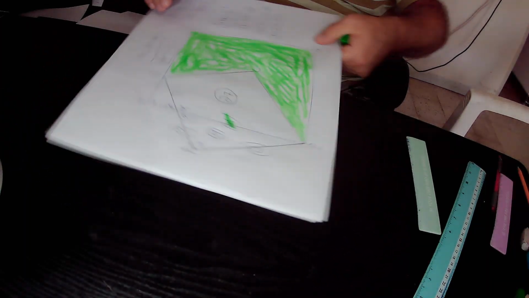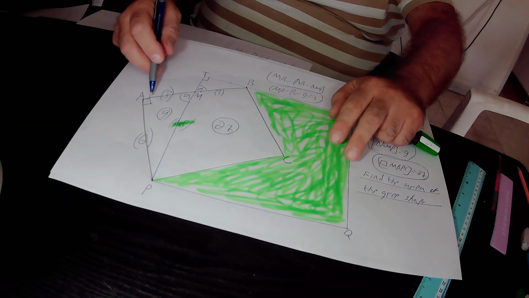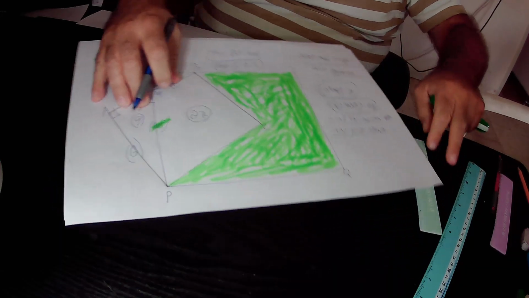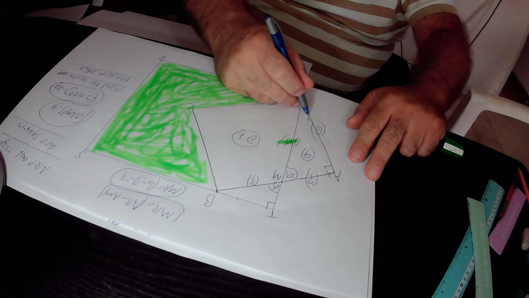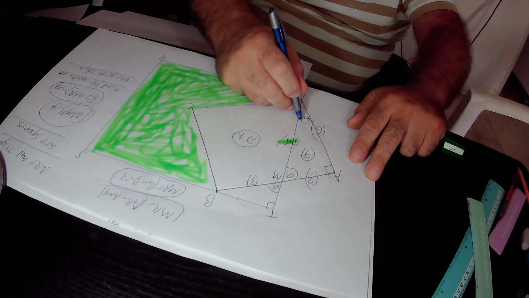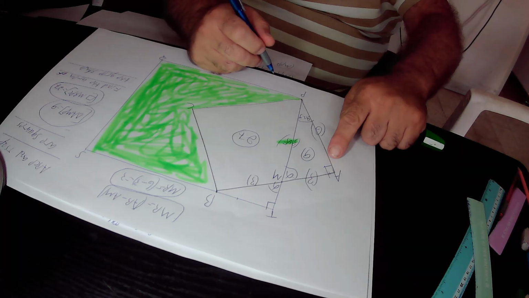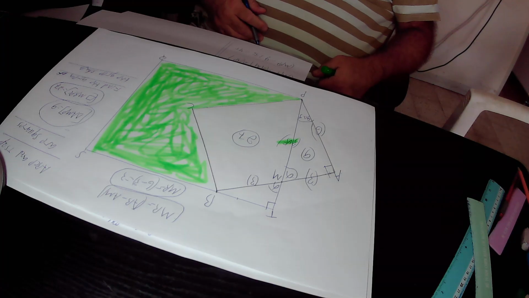So in the big right triangle AMP, this angle equals alpha, this angle equals 90 degrees, and therefore this part of this angle must equal 90 degrees minus alpha. Why? Because 90 degrees minus alpha plus alpha is 90 degrees, and 90 degrees plus 90 degrees equals 180 degrees. That is the sum of the angles in any triangle.